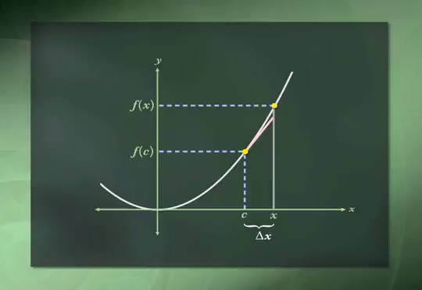So who are our characters, delta y and dy? Again, delta x is the change in the x values, and you can think of that as being dx. dx and delta x are the same thing. It's just a notational thing. Delta y is the change in the y values. So it's f of x minus f of c. It's the change in the y values on the curve, on the function. Who is dy? Well, dy is an approximation of that change using the tangent line.